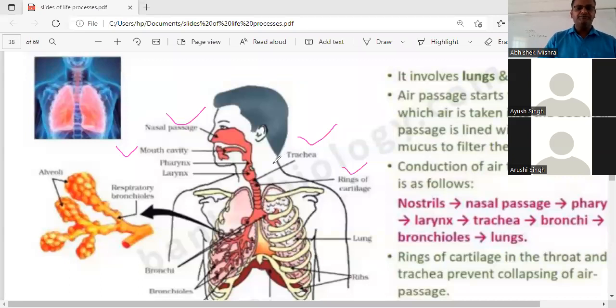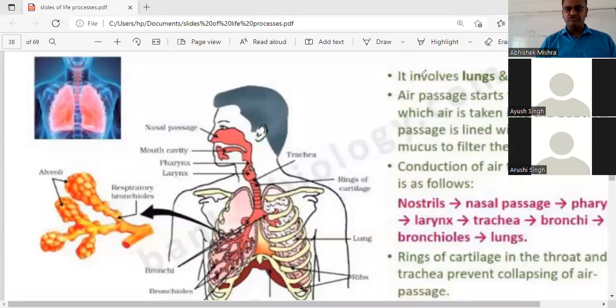Before going into the lung, the trachea divides into branches called bronchi. After going to the lung, they are called bronchioles. Finally, the bronchioles terminate into the balloon-like structure called alveoli, and it is the alveoli through which exchange of gases occurs in the human respiratory system.